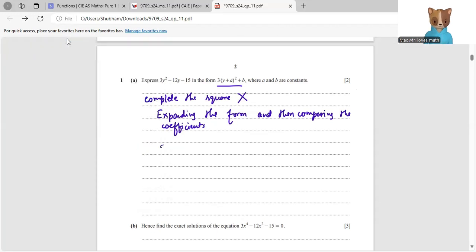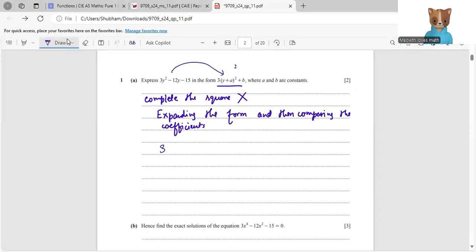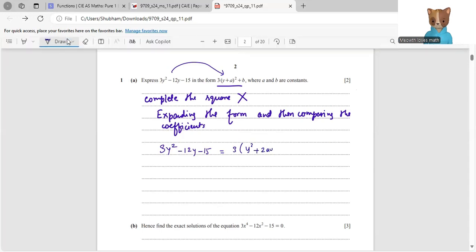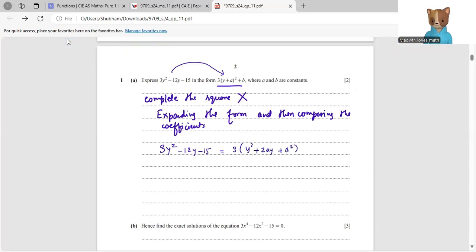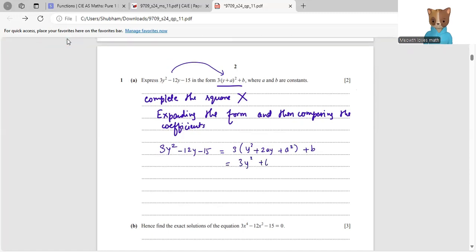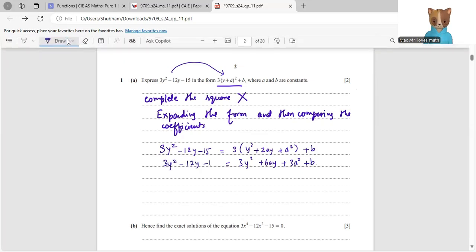So what we can do is, since this form can be written like this, I can simply write 3y square minus 12y minus 15 is equal to, if I open this, y square plus 2ay plus a square plus b, and then if I open this, I'll get 3y square plus 6ay plus 3a square plus b, and here I'll get 3y square minus 12y minus 15.